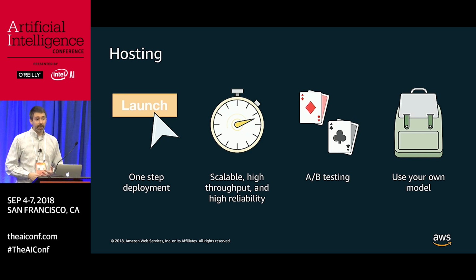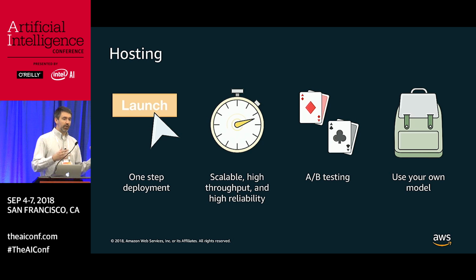So you can do A/B testing. With A/B testing, you can deploy multiple models behind the same endpoint and control what percentage of traffic goes to each model. We have blue-green deployments everywhere throughout. So if you're training an old model and then you want to update that with a new version of your model, but you don't want to put 100% of traffic behind that new version because you want to make sure it's tested first, you can do that.